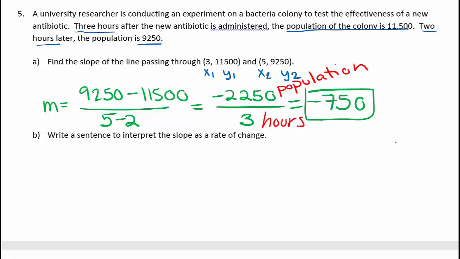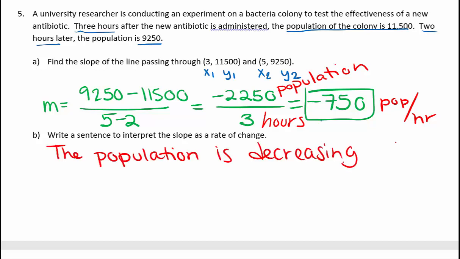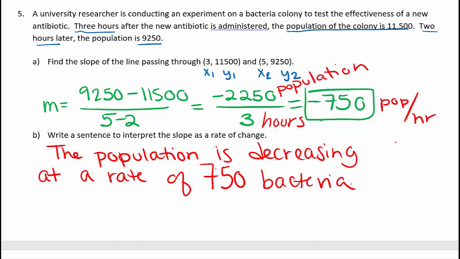So the units of this slope is actually population per hour. Now, because the slope is negative, we know that the line is actually decreasing. So we can say that this population of bacteria is decreasing at a rate of 750 bacteria per hour.